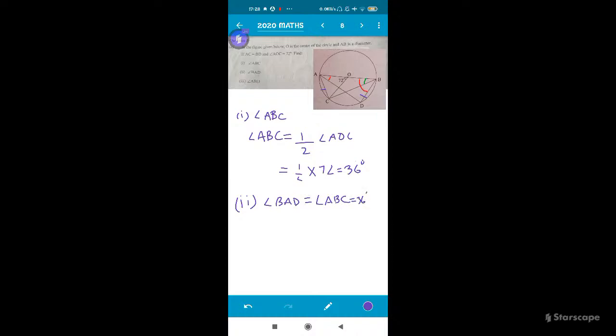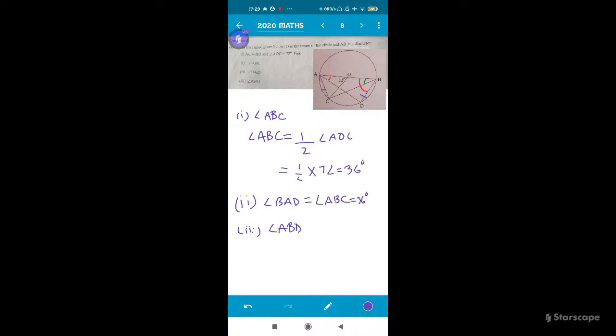In the bracket you have to write that angles subtended by equal chords on the circumference are equal. So the reasons you have to write properly. You don't have to write it in any hi-fi English. You can use simple words and explain to the examiner why you have chosen this particular answer. So I guess it is clear to you. So now our third question is, we have to find the value of angle ABD.